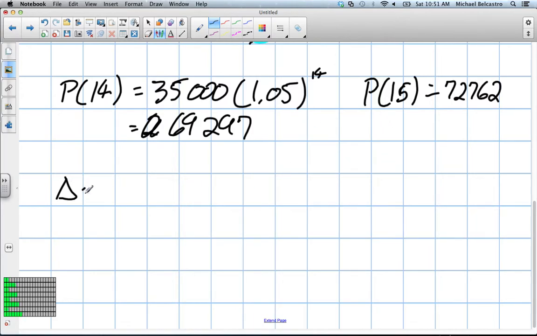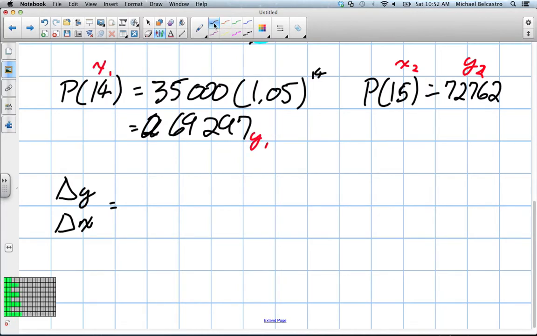Remember, when calculating slope, it's change in y over change in x. This will be our x2 and y2, and this will be x1 and y1.